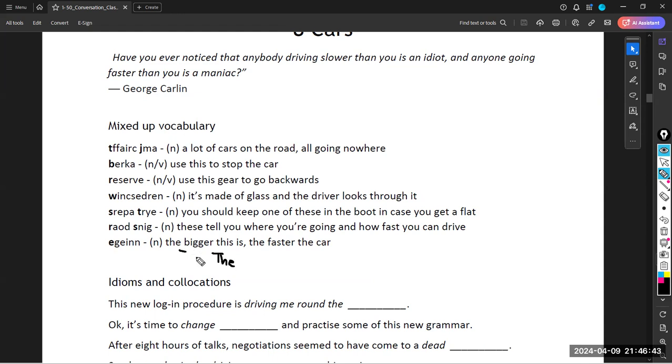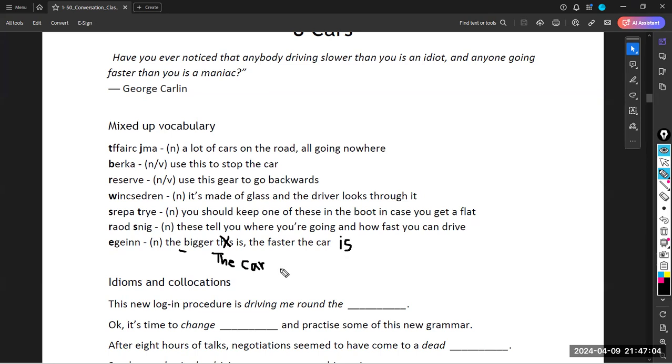Notice the bigger is an adjective, and the car is the subject. So the bigger the car is. If you want to say the bigger is the car, this is a question. So the bigger the car is, the faster the car is.